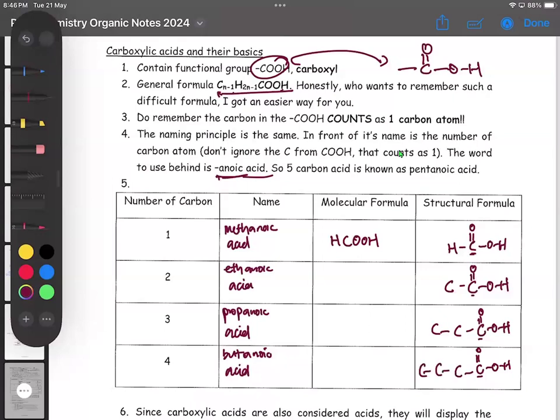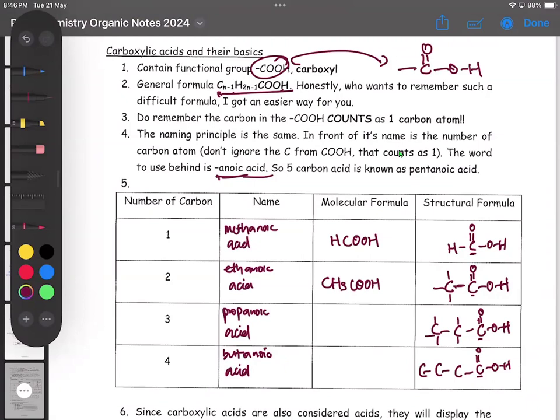Then every carbon, you know, needs to form 4 bonds. So there's already 1 here, so add another 3 more. So the formula becomes CH3COOH. Same thing over here. This carbon needs 3 more, this carbon needs 2.